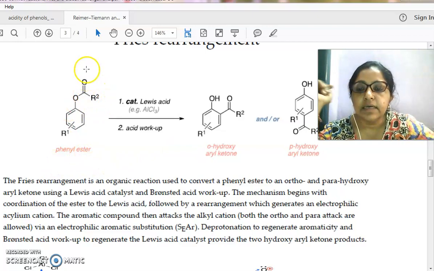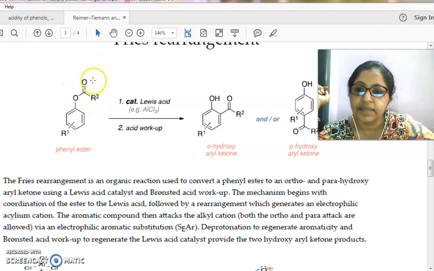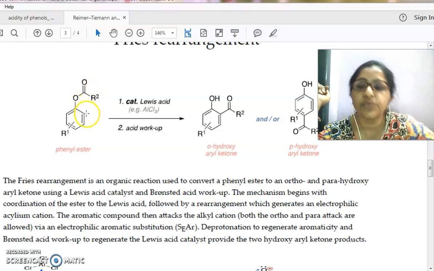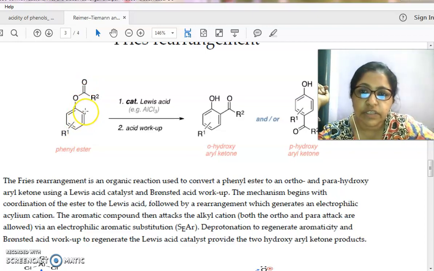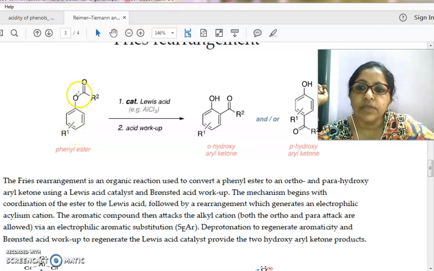The ester breaks at the oxygen and carbon bond, and the ketonic group that is formed from the breaking of this ester simply comes from here to the ortho or para position, and the H from this position comes to the other position.